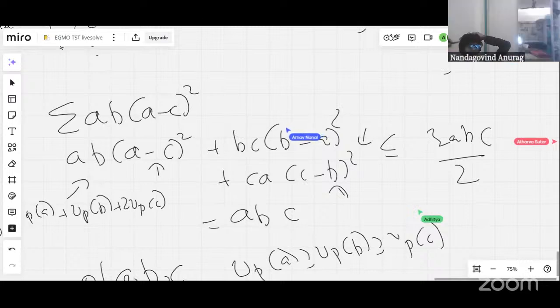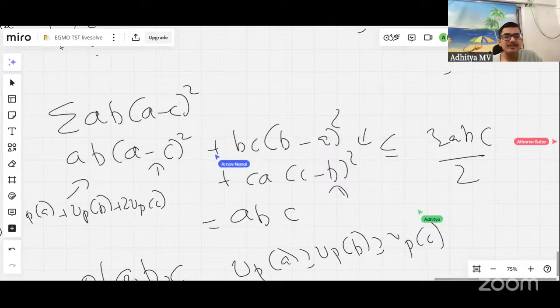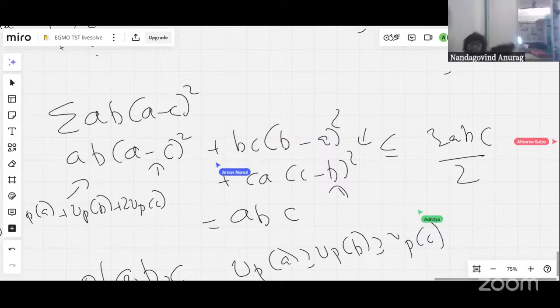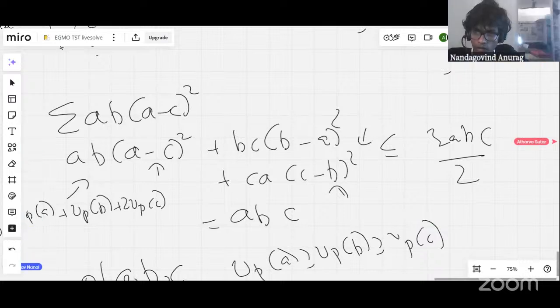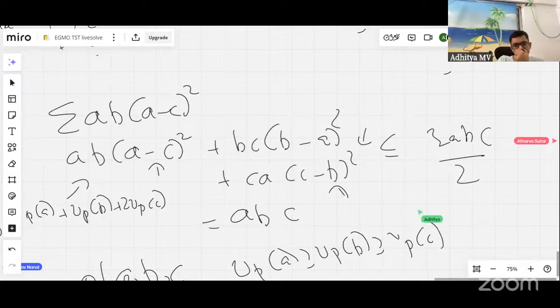GCD being one means that, but again, you need to have an argument for B, GCD being one, right? Just because the net GCD is one, they are not pairwise coprime. That doesn't mean that A is coprime to B and C.